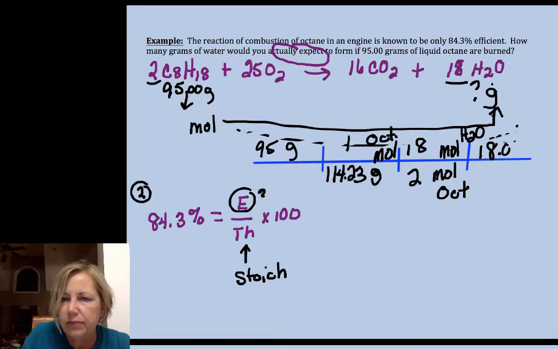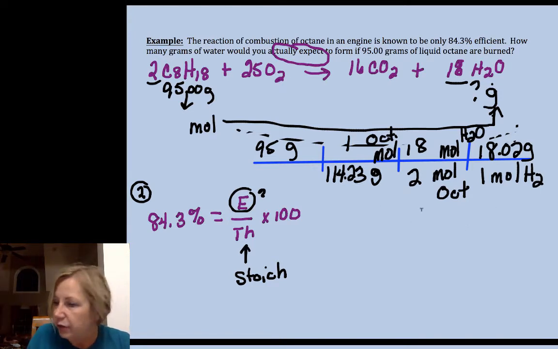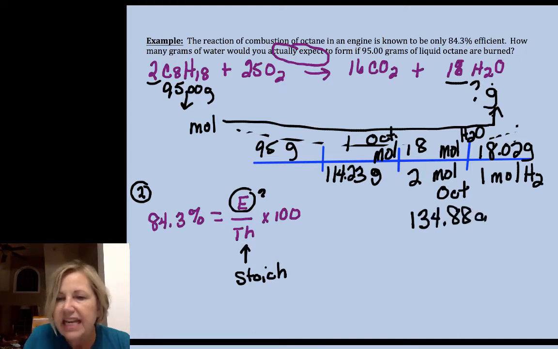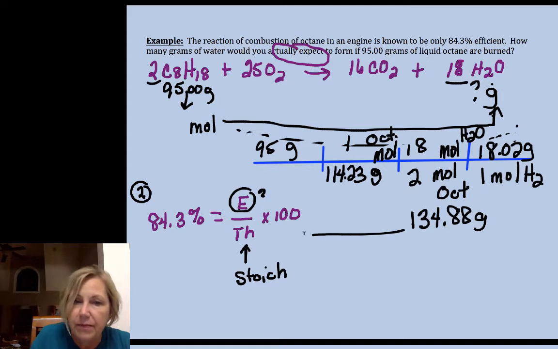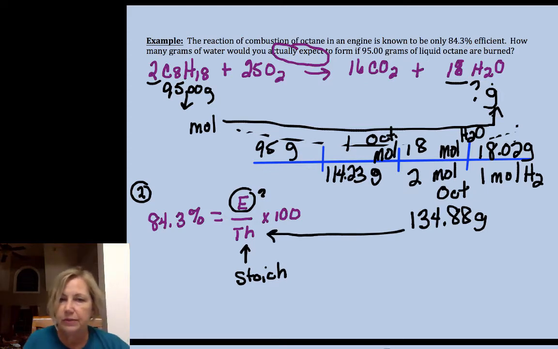And then there's 18.02 grams of water for every 1 mole of water. This gives me my theoretical. That means I get 134.88 grams is the maximum that I would produce. So we're going to pop that in there.